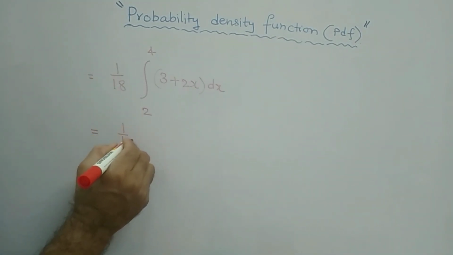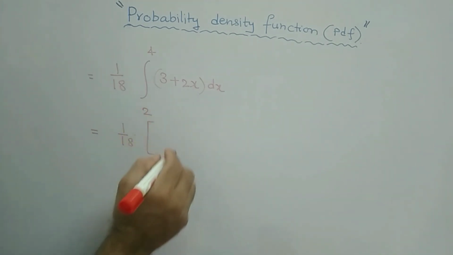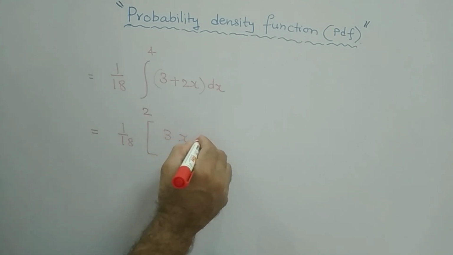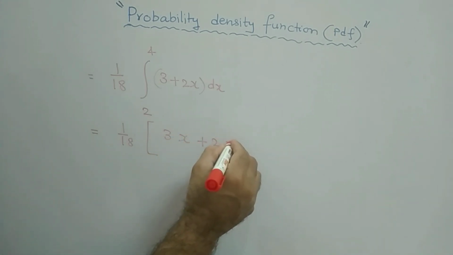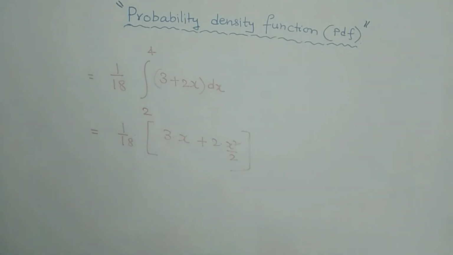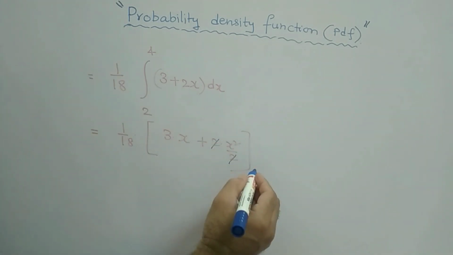Actually it is 1 by 18 times 3 into x plus 2 into x square by 2, if I write it overall at a time. Okay, 3x plus x square by 2 basically, or you can cancel out these two.